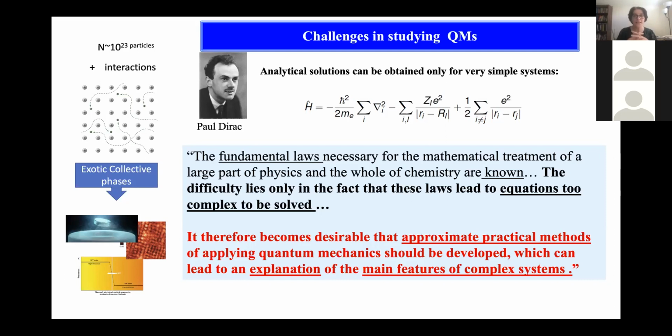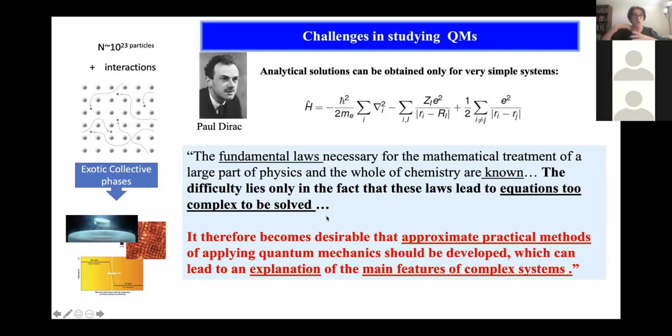He said that the fundamental laws necessary for the mathematical treatment of a large part of physics and chemistry are known. Basically, this is quantum mechanics, and the most important equation of quantum mechanics is the Schrodinger equation. However, we can write these equations, that's fine, but the problem is that the difficulty lies only in the fact that these laws lead to equations too complex to be solved.